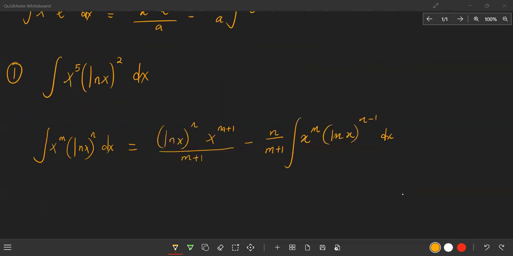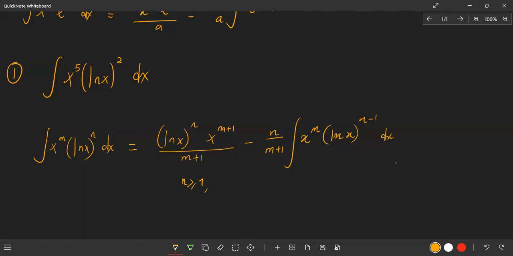So this one is strictly for values of n greater than or equal to 1, and the values of m can also be greater than or equal to 1. For this one I can put the condition that n is greater than or equal to 1.